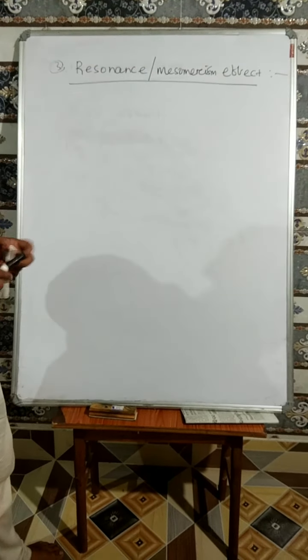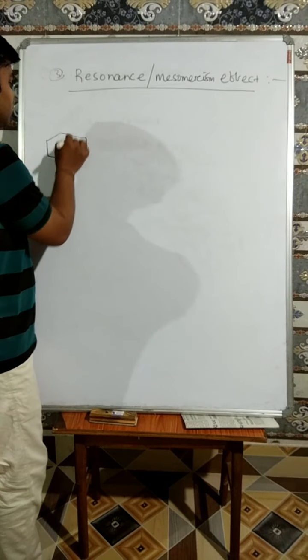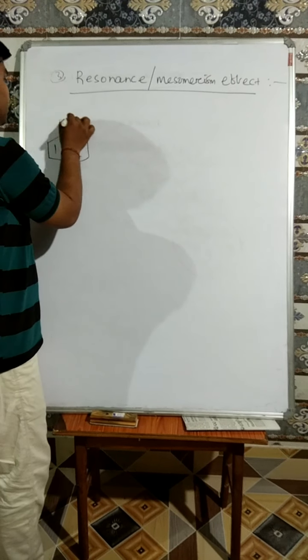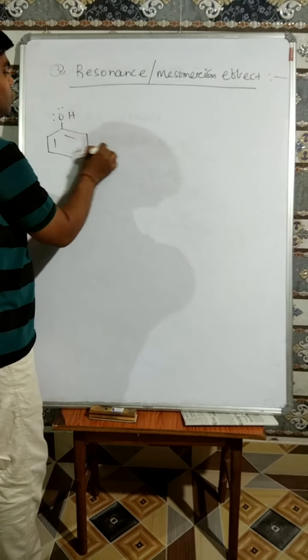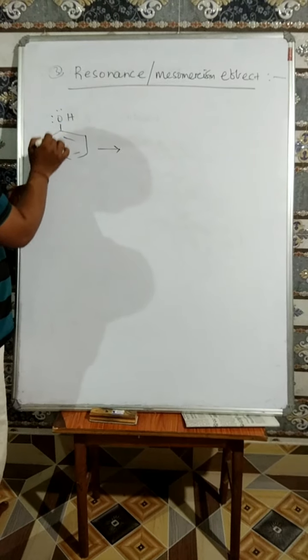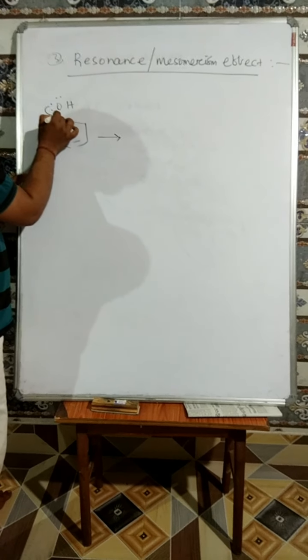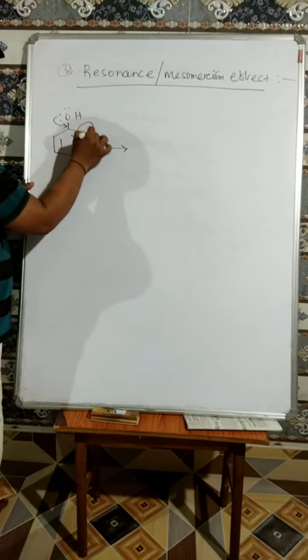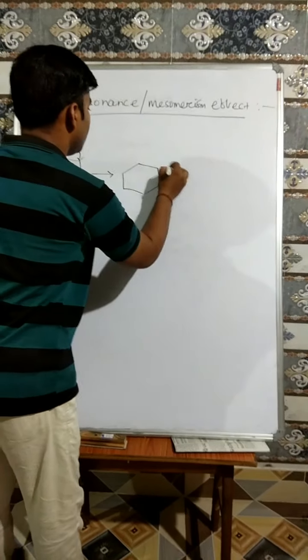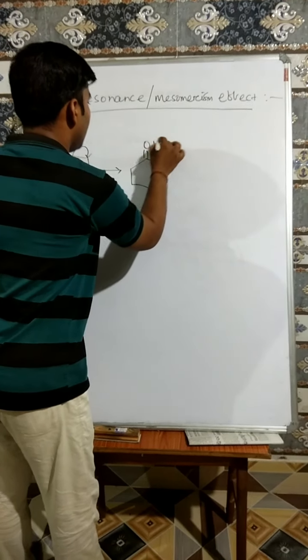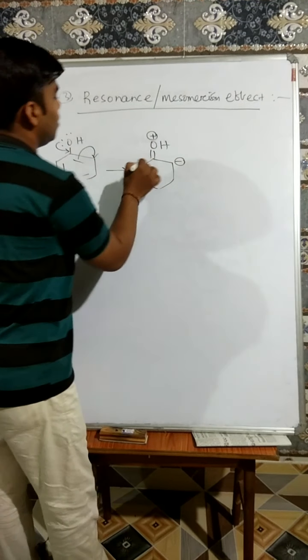Suppose you see the resonating structures of phenol here. The lone pair of electrons on the oxygen atom of the OH group is first delocalized to the ring, and the conjugated pi bond is shifted. So we get the further structure like this.